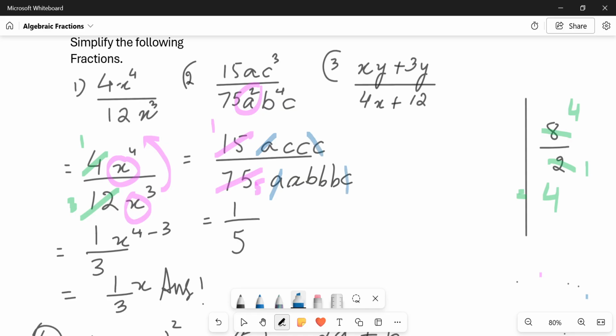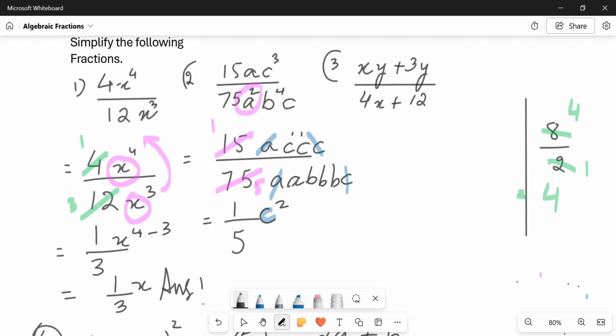Okay, now what we need to do is add the leftover variables. How many variables are left in the numerator? We have 2 variables, so c to the power square. Why square? 1 and 1, 1 plus 1 gives you 2. In multiplication, variable powers are added.